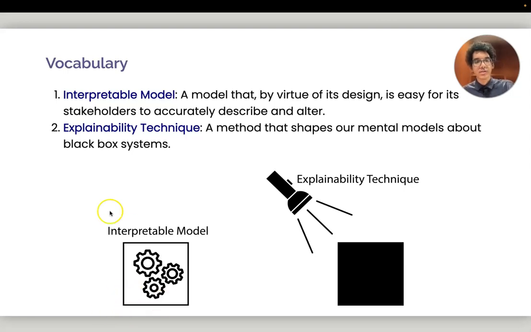So these are models like decision trees or sparse regression. You know exactly how all the inputs affect the outputs in some more transparent way. In contrast, an explainability technique is something that's applied to a black box to try to gather more information about it after the fact. And I think of it as like a flashlight. It's the thing that illuminates what might be going on without really telling you exactly the internals.